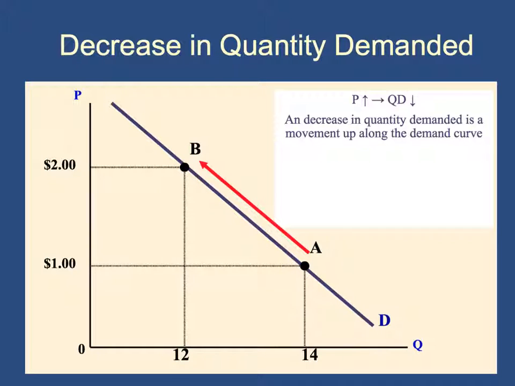It is important to have this distinction because a change in price causes a movement along the demand curve, but there are other factors that cause the actual demand curve to shift. In this case, it's just a movement along the demand curve because you go from point A to point B when the price increases from $1 to $2.